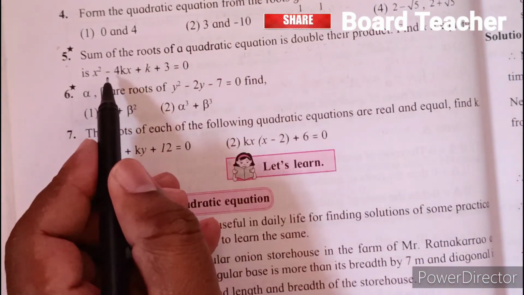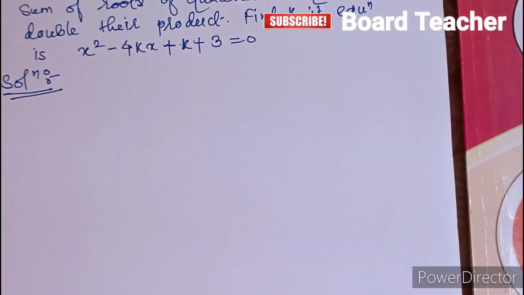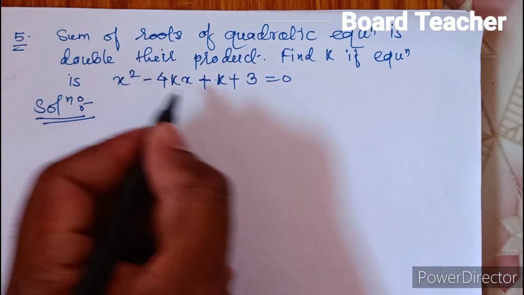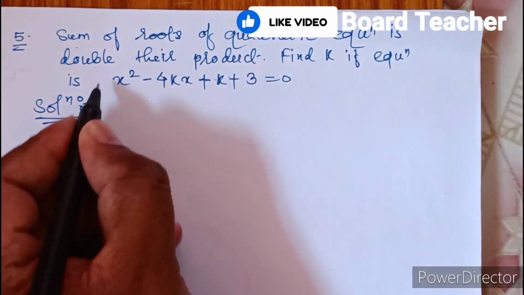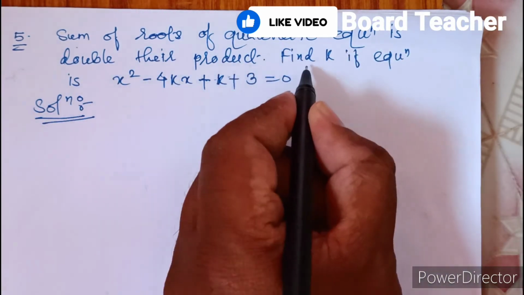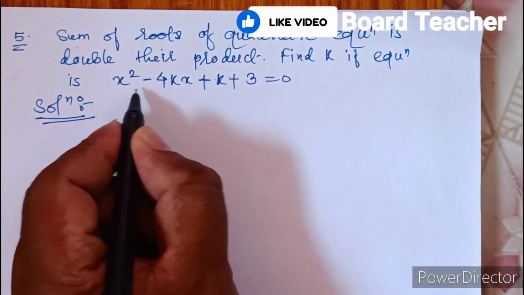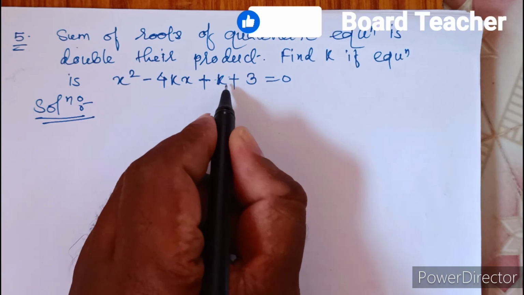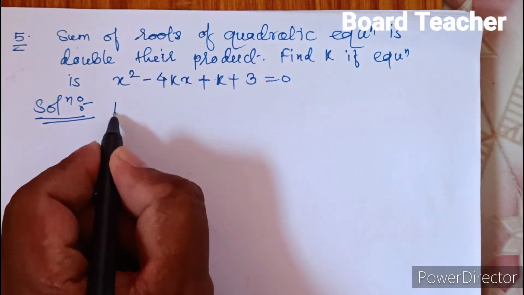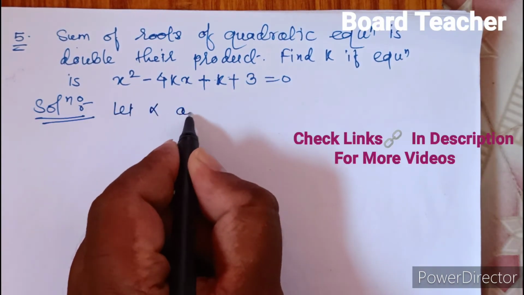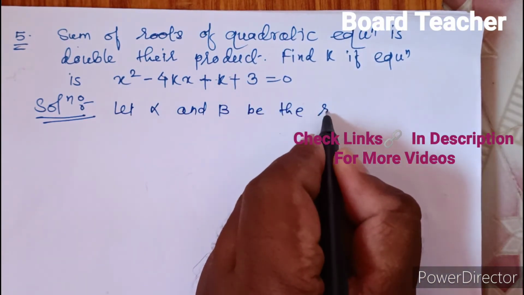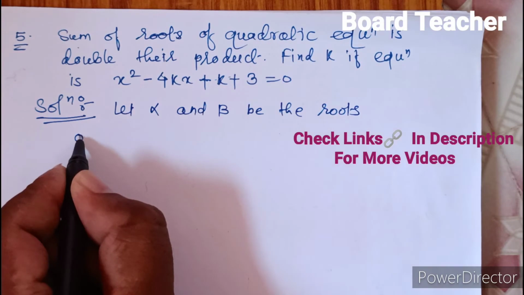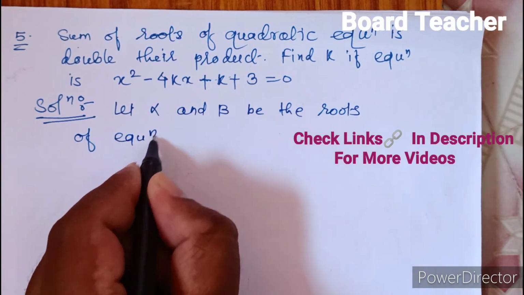Now coming to question number 5: the sum of roots of a quadratic equation is double their product, find k if the equation is given. Here the given condition is that the sum of roots of the quadratic equation is double their product, find k if the equation is x square minus 4kx plus k plus 3. Let alpha and beta be the roots of the equation.